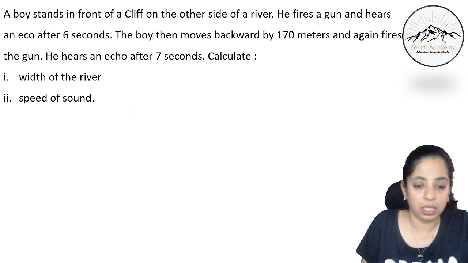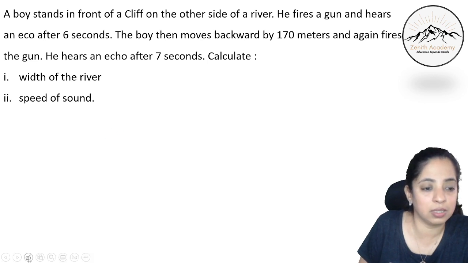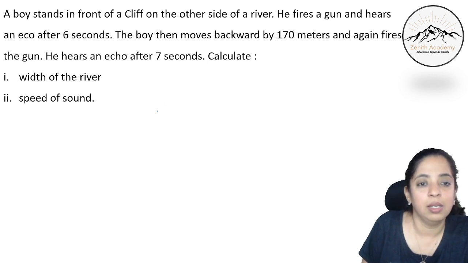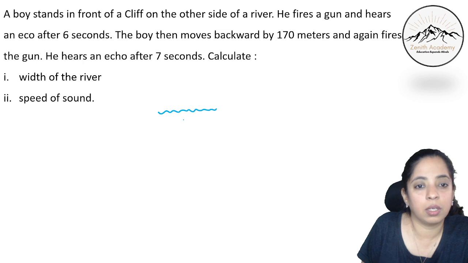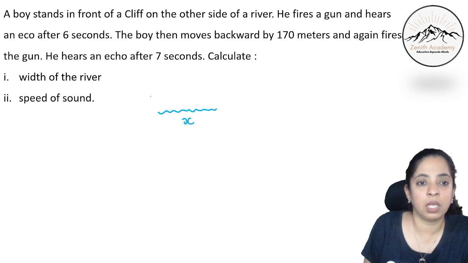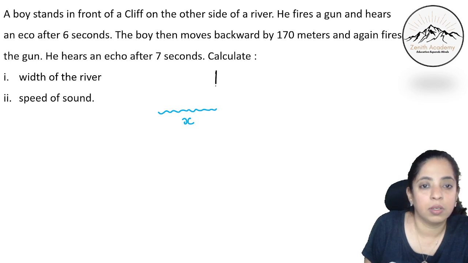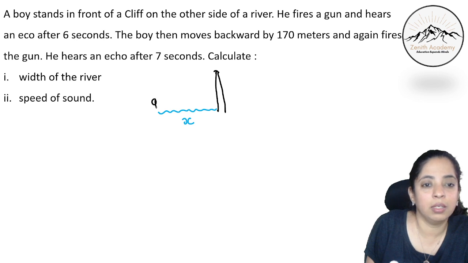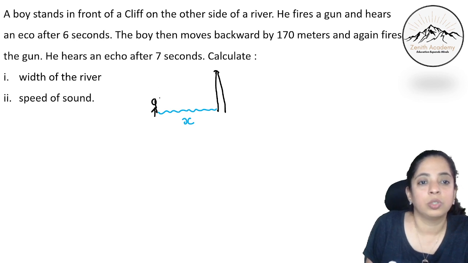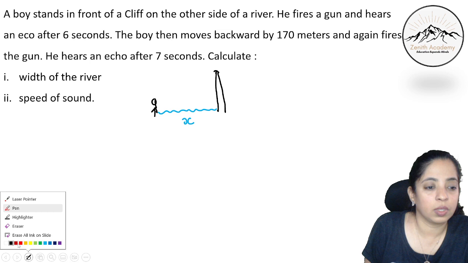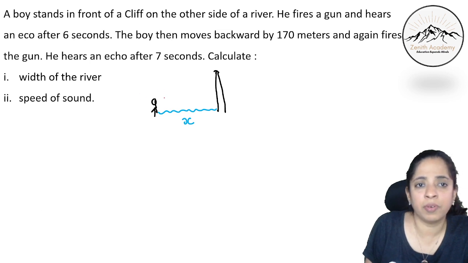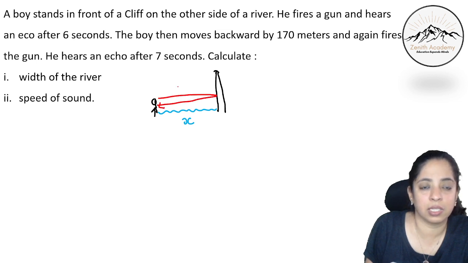Okay. So let the width of the river be x. Let me make a river. This is x, and here is a cliff. Here is the boy standing. A boy stands in front of a cliff on the other side of a river. He fires a gun and hears an echo after 6 seconds.